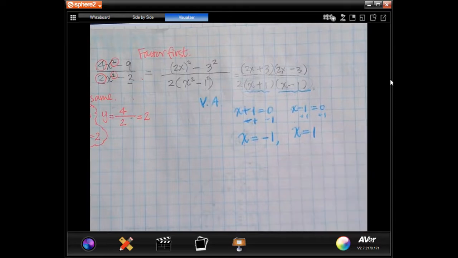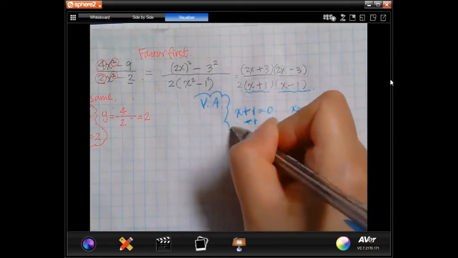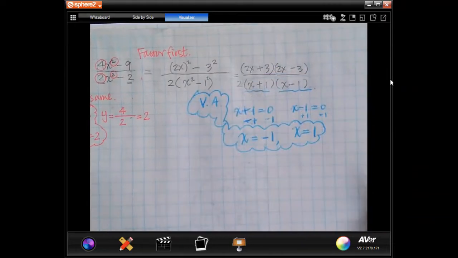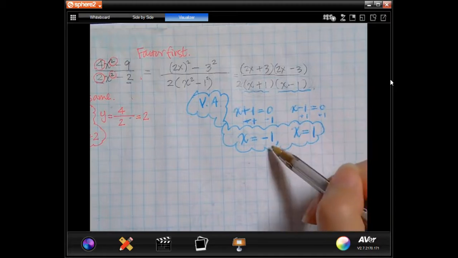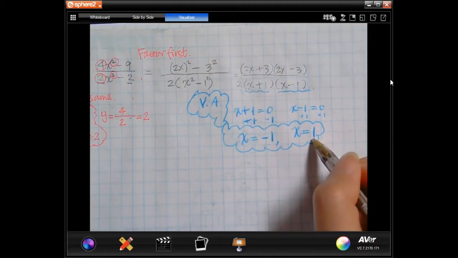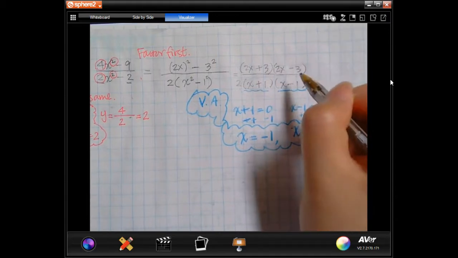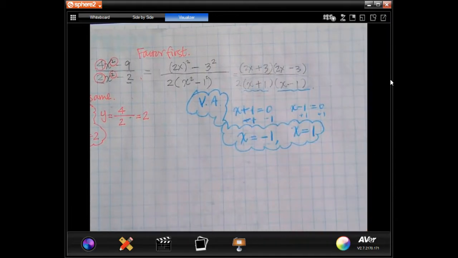So then the vertical asymptotes will be at negative 1 and at 1. Then there's no hope for simplifying further. Then I think we can just go ahead and start graphing.